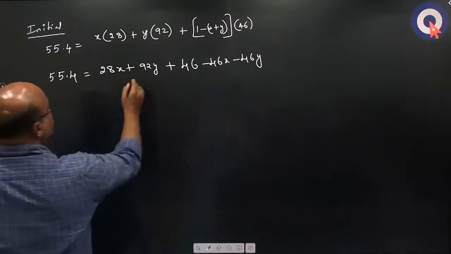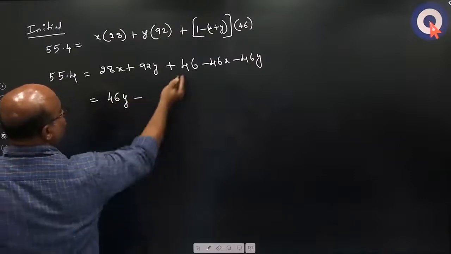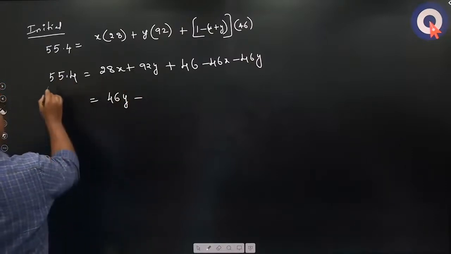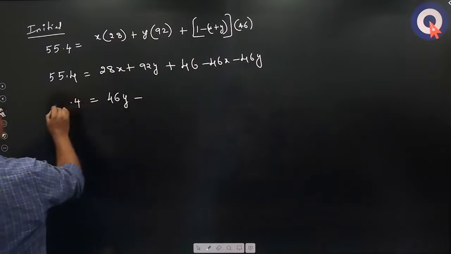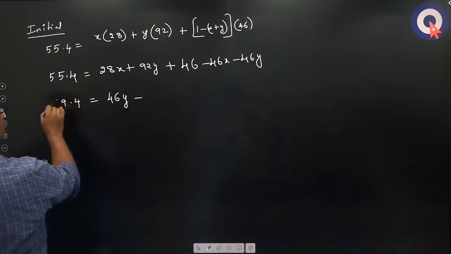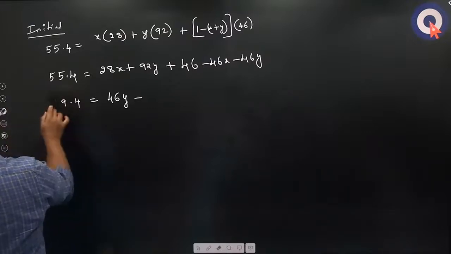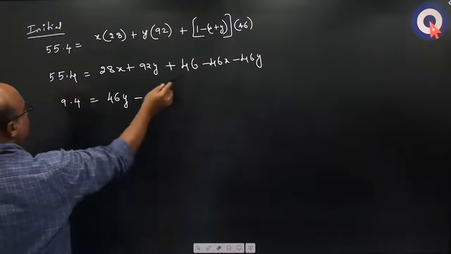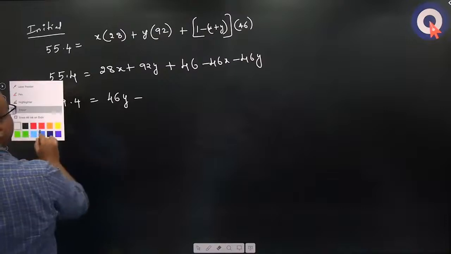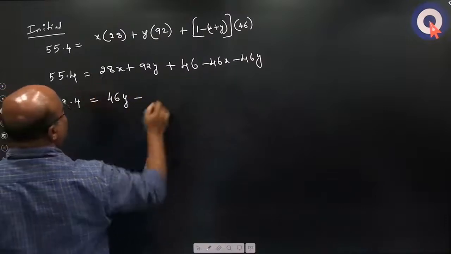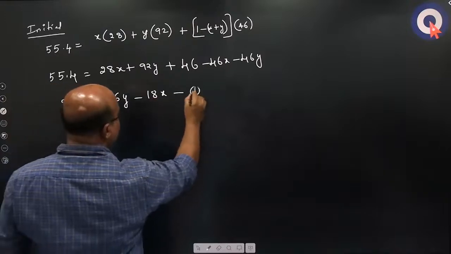Clear? So 46y, and you can bring the 46 here. If you subtract 46 from 55.4, it is 9.4. Then 28x minus 46x is nothing but minus 18x. So this is equation 1.